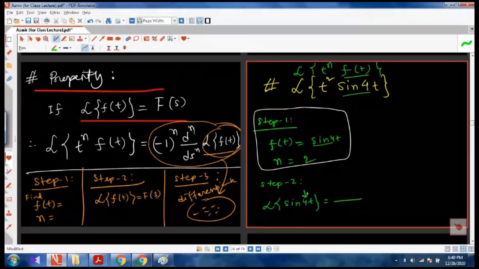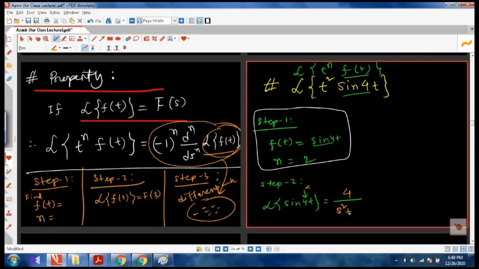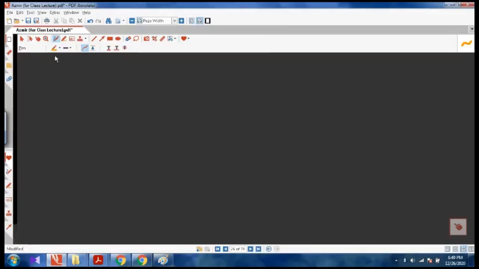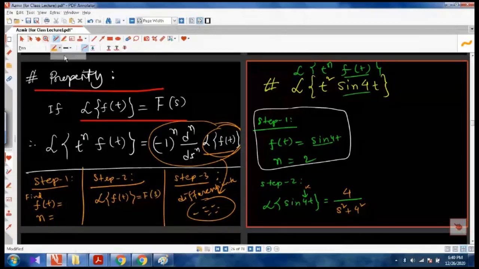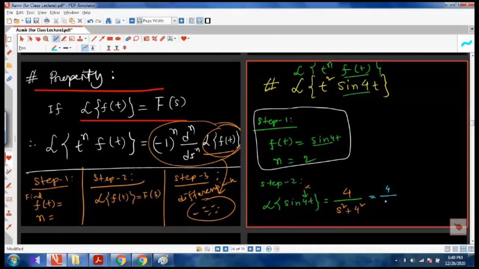So here the value of k is 4, isn't it? Yes, sir. So 4 over s squared plus 4 squared. We can also simplify one more time. It is 4 over s squared plus 16.